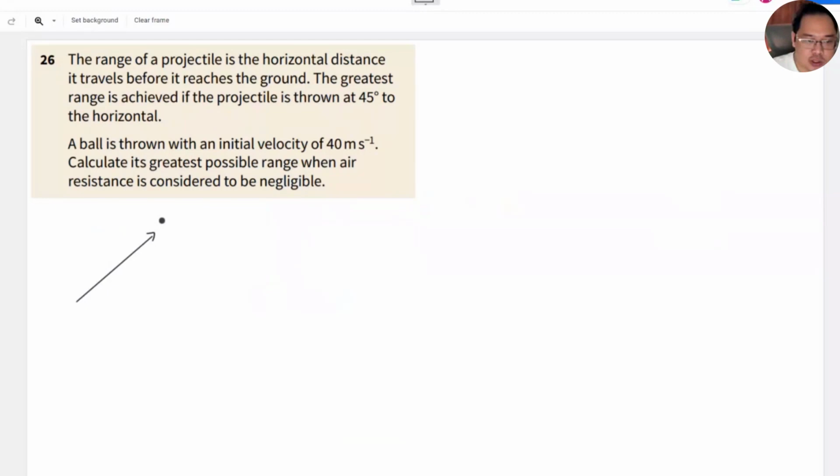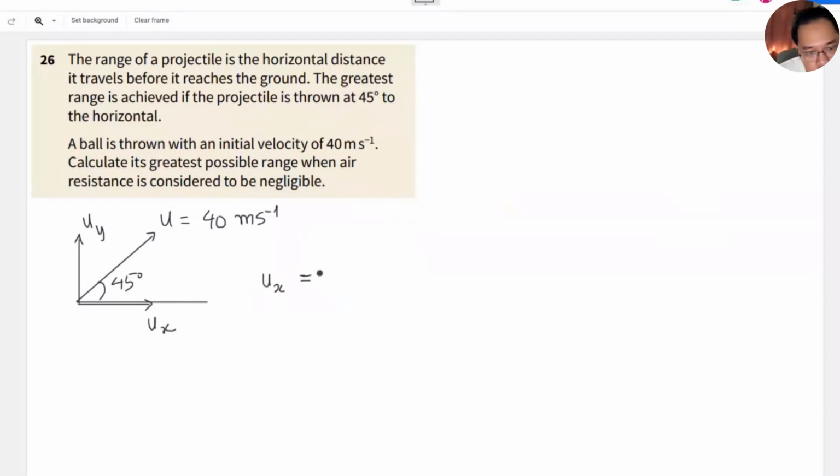See the initial velocity u equals 40 meters per second, making an angle of 45 degrees with the horizontal direction. Of course, similarly, we can determine the two components, ux and uy. Ux is 40 times cosine of 45, and similarly, uy is also 40 times sine of 45.